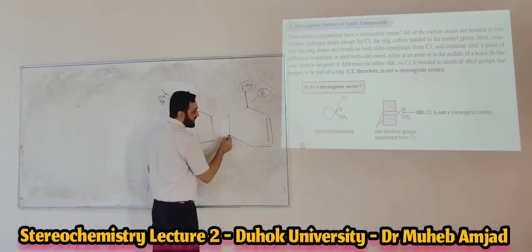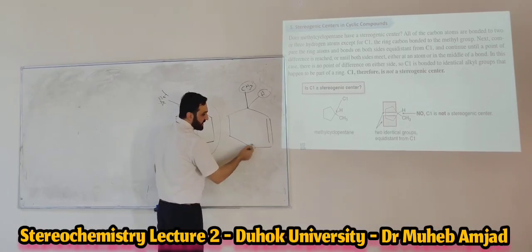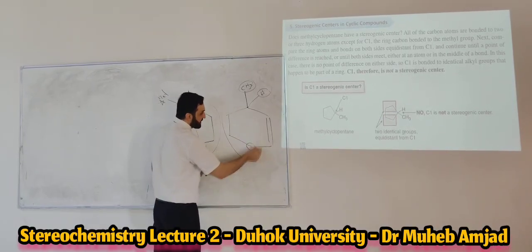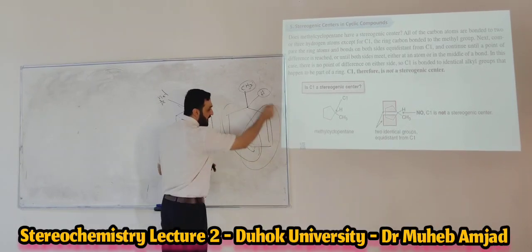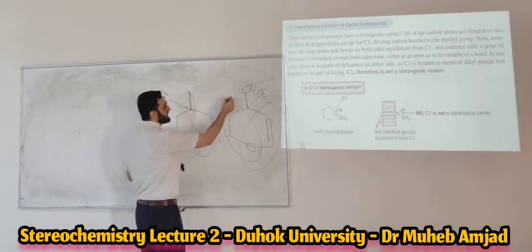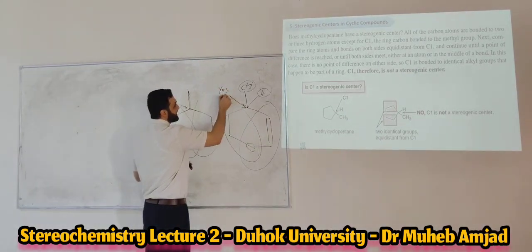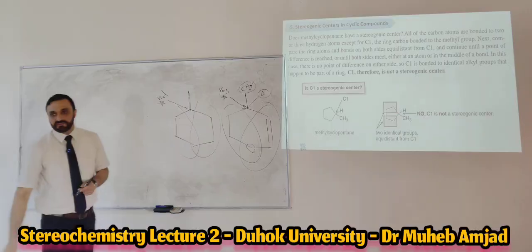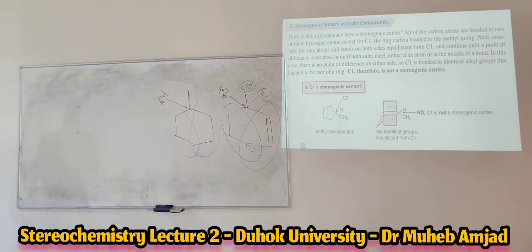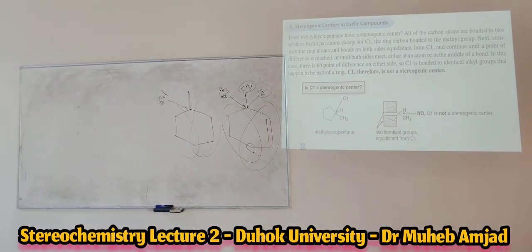CH2 and CH are different. Is this part the same as this part? No. That means yes, it is a stereogenic center. This is how the stereogenic center looks for a cyclic compound.